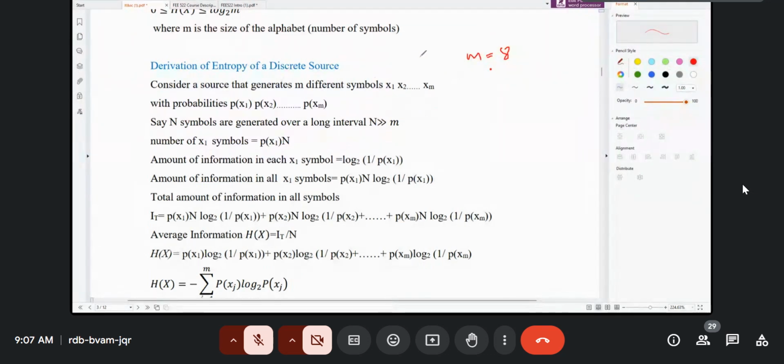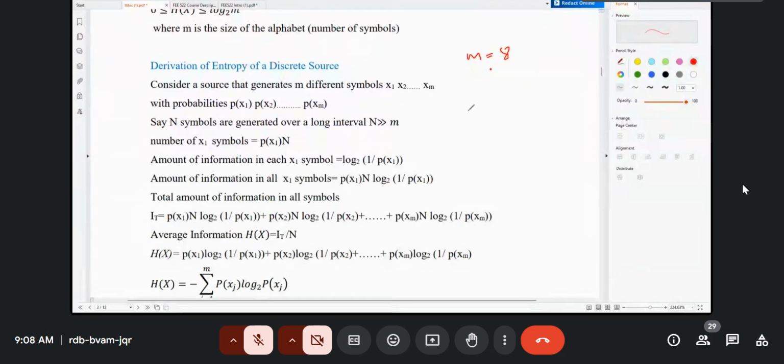Then we can say the number of x1 symbols is P(x1)N. That is what probability is. It is simply the probability times the total number of symbols.